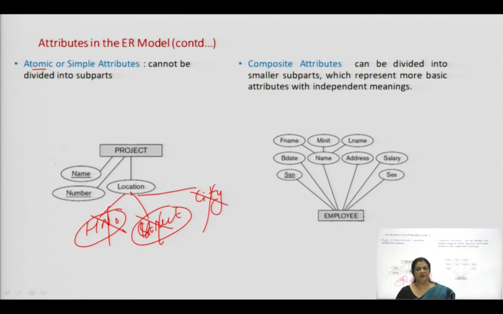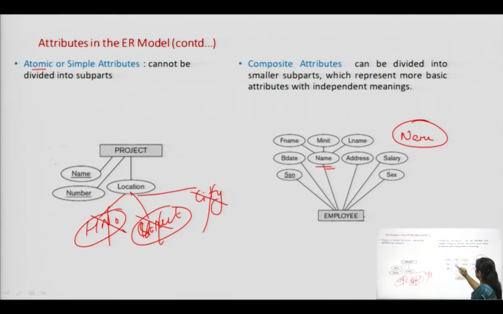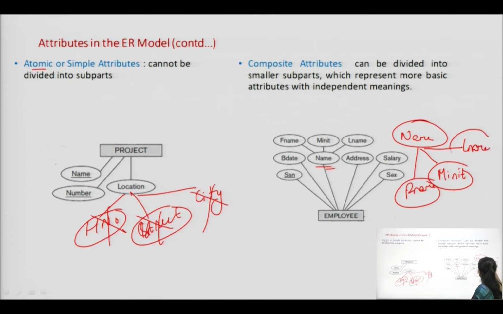Whereas, a composite attribute is that which can be divided into subparts. For example, we have shown over here, we have name as an attribute. Here it is, and we have divided it into F name, mem init and L name. Why?